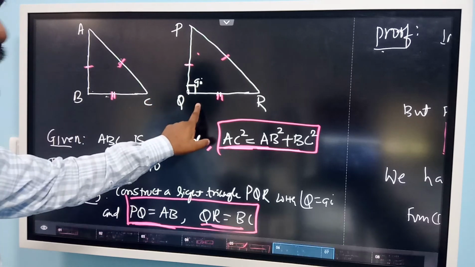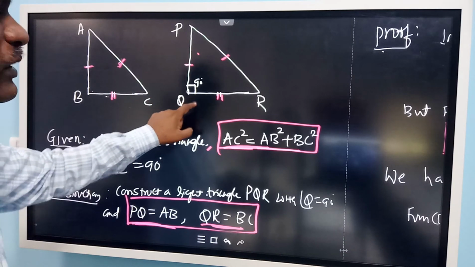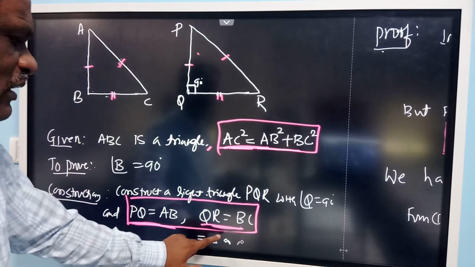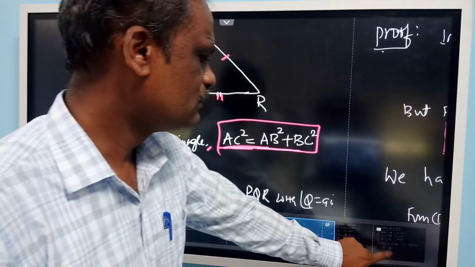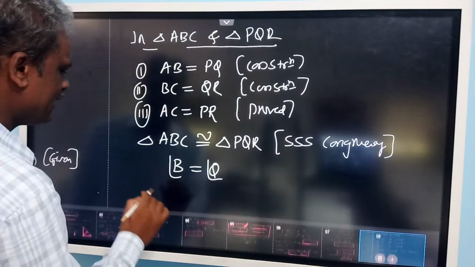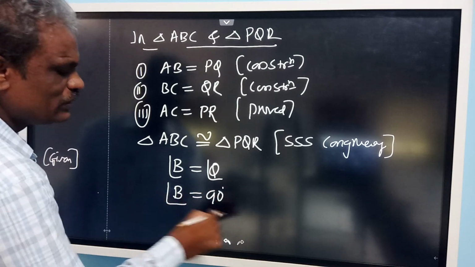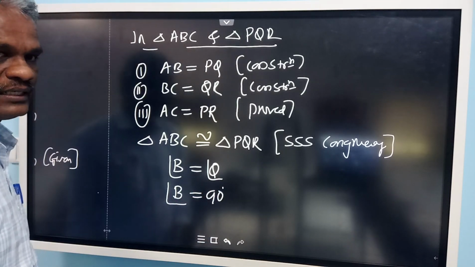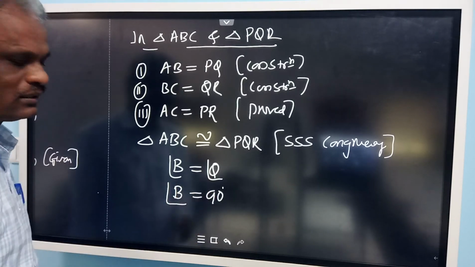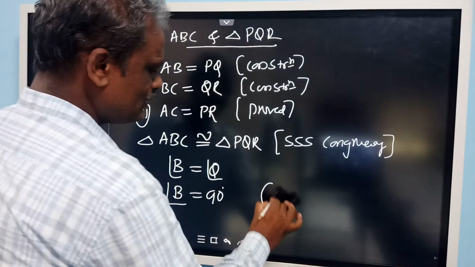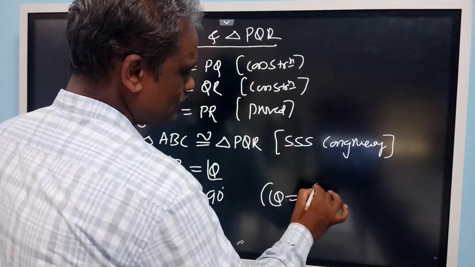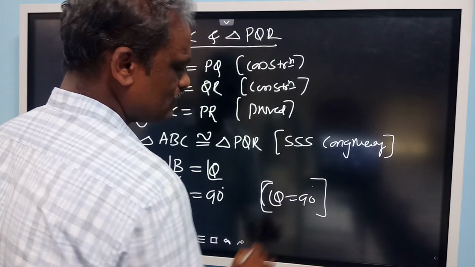Since we have already taken Q as 90 degrees, I can write angle B is also equal to 90 degrees because Q is 90 degrees. So it is done in construction.